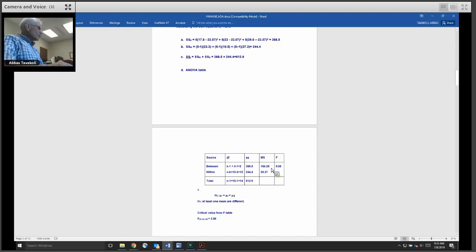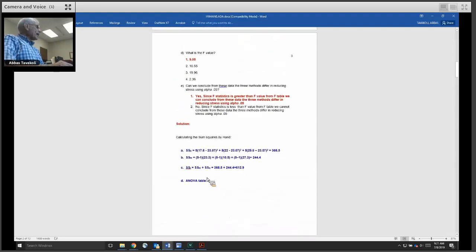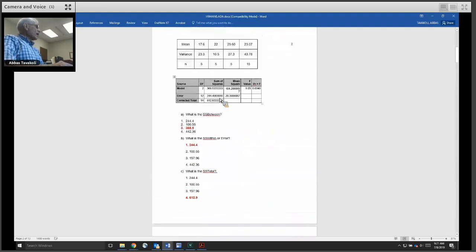You get your mean squares by dividing 368.5 by 2 and 244.4 by 12. Then dividing 184.25 by 20.37, you get 9.05. So if you calculate by hand, you should get the same result as provided in the table.